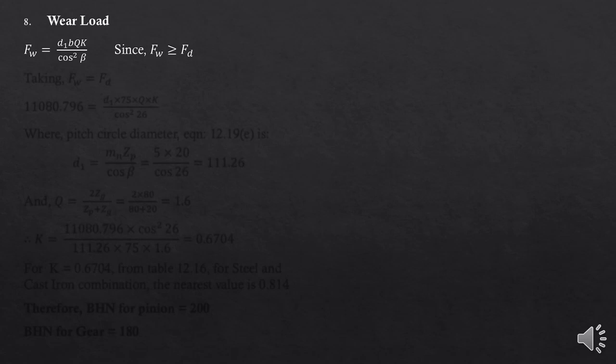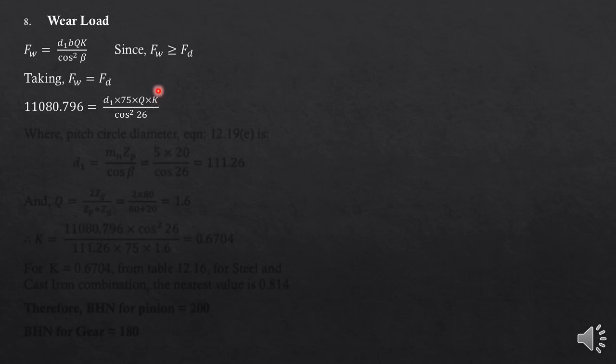It is 12.26c. And for the design to be safe, we know that the wear load should be smaller than the dynamic load which we obtained in the previous slide. So by equating wear load and dynamic load and substituting in the formula for wear load, we can solve for the parameter K, and then for K we can select a suitable Brinell hardness number from the handbook.